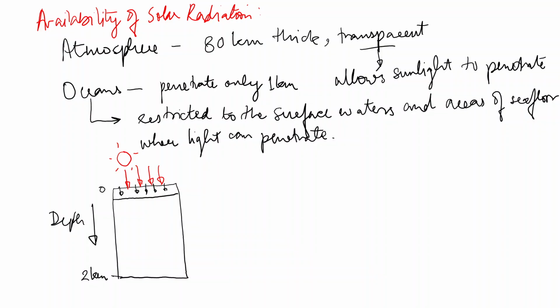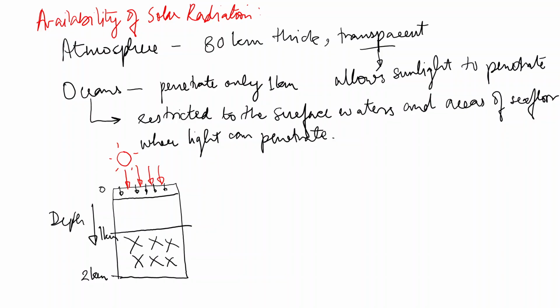The surface water receives maximum percentage of this solar radiation. And I have just said that even though the ocean is clearest, it cannot penetrate beyond 1 kilometer. So there is no solar radiation beyond this depth, which means that provided all the conditions are ideal, there will be no photosynthesis beyond 1 kilometer.